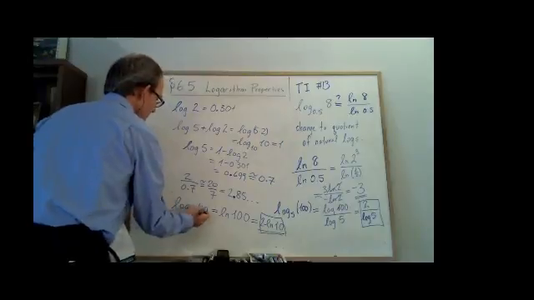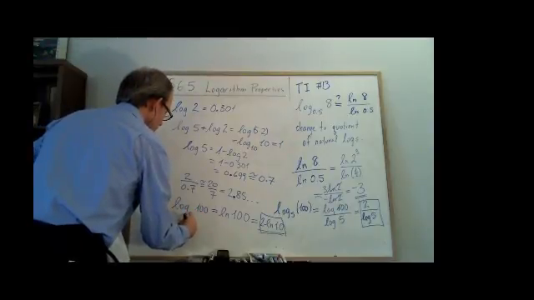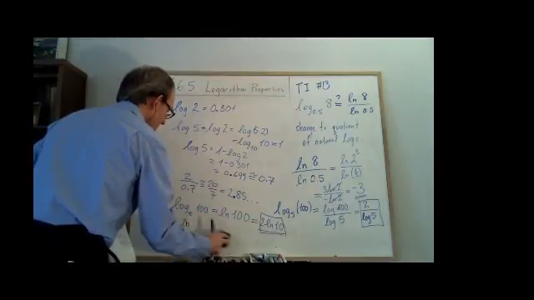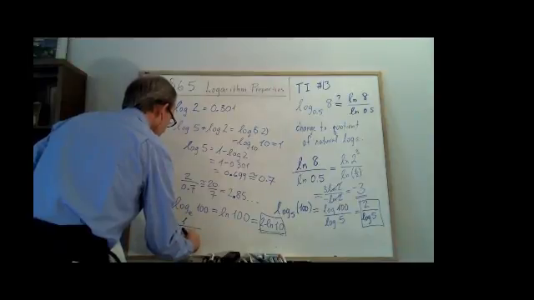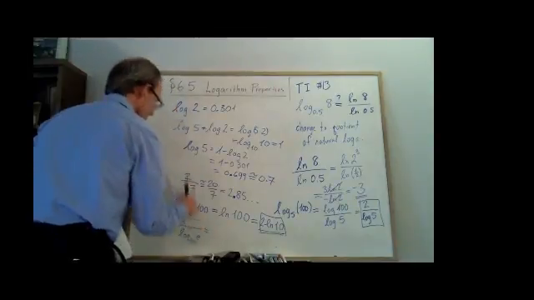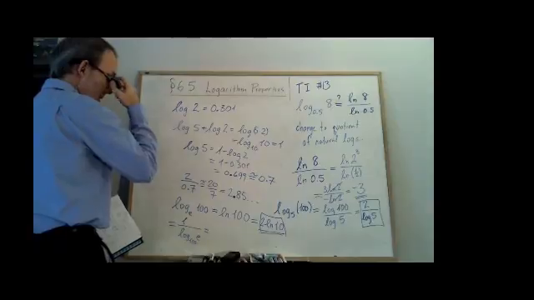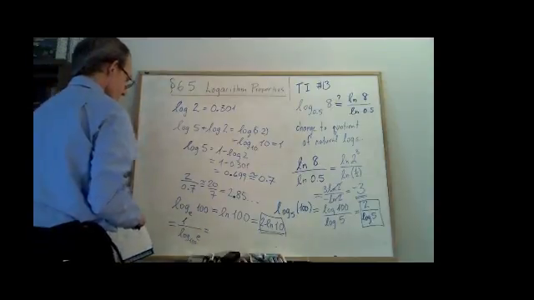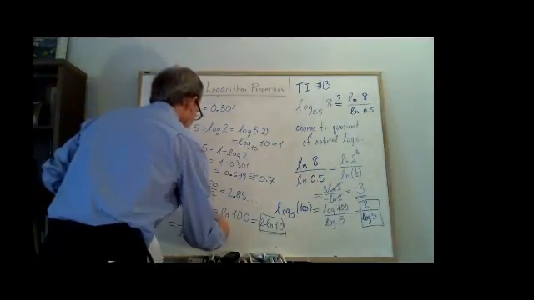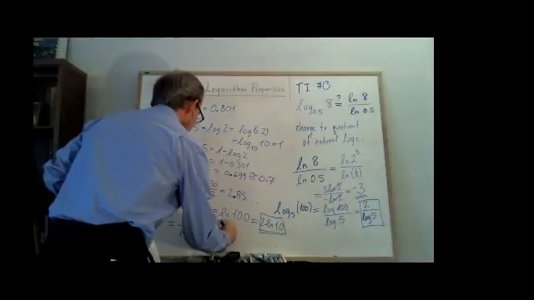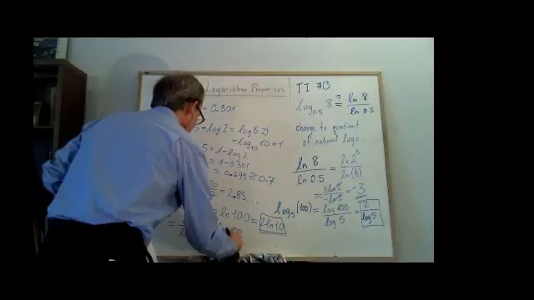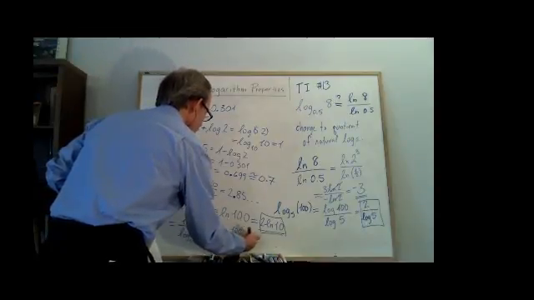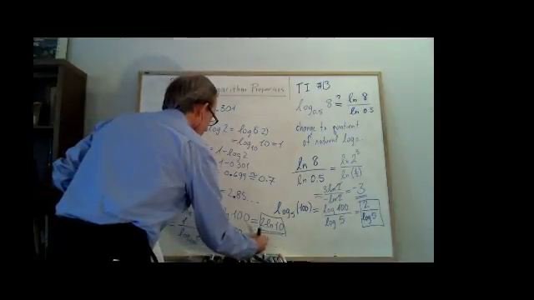I could either change the e in the 100, and I get 1 over log base 100 of e. Or I could write it as log 10 of 100 over log of e. Log 10 of 100 is 2. So it's 2 over log e.